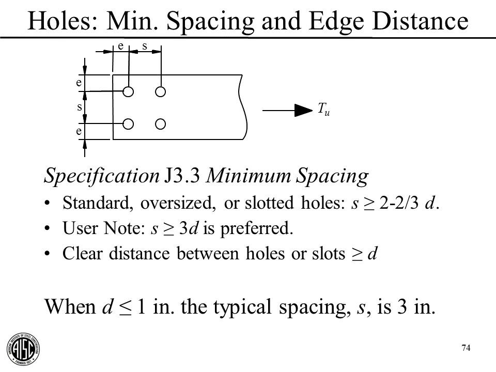Imagine you had a couple of slots beside each other, and the slots are turned such that you don't have a whole lot of steel left between the slots. In that case, we would still have this clear distance requirement that would save us from putting them super close together.